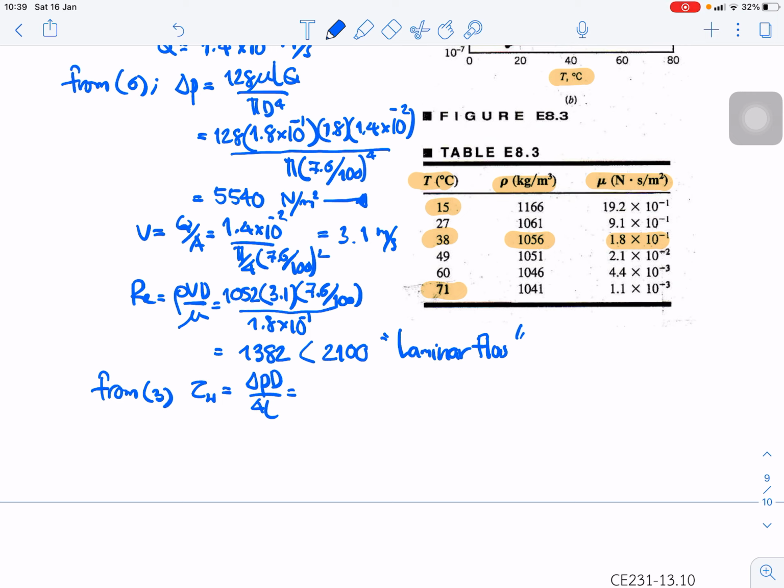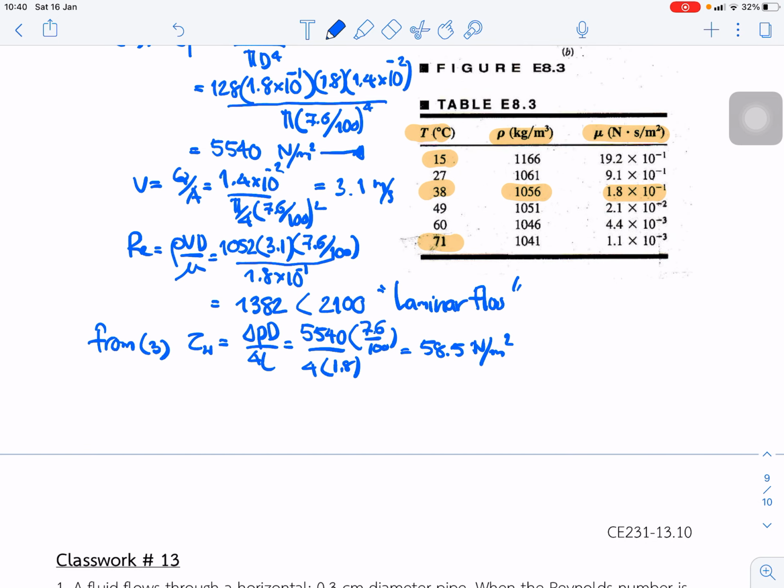So we substitute delta P, 5,540, times diameter, divided by 4 times the length. We get 58.5 Newton per square meter. That is the wall shear stress.